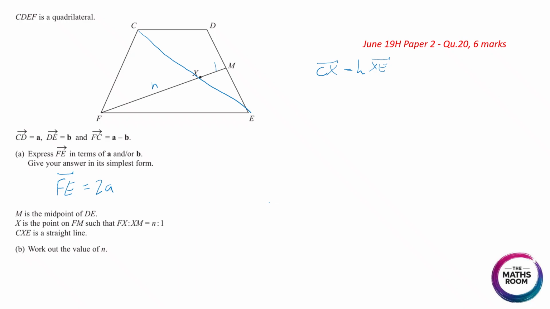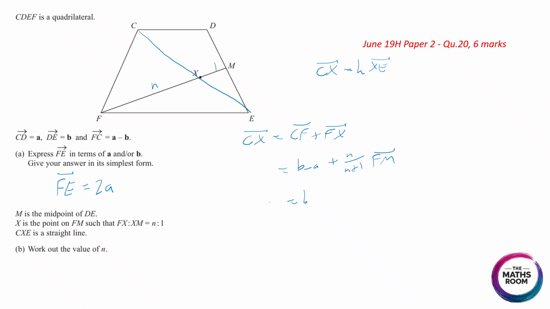Now, let's do that then, guys. So what we're going to do is find the vector CX. Let's go C to F plus F to X. Remember, guys, the way this works, basically, first of all, C to F is obviously the negative of FC, so it's B minus A. Now, F to X, guys, remember that n to 1 ratio means you've got n over n plus 1 lots of the vector FM.